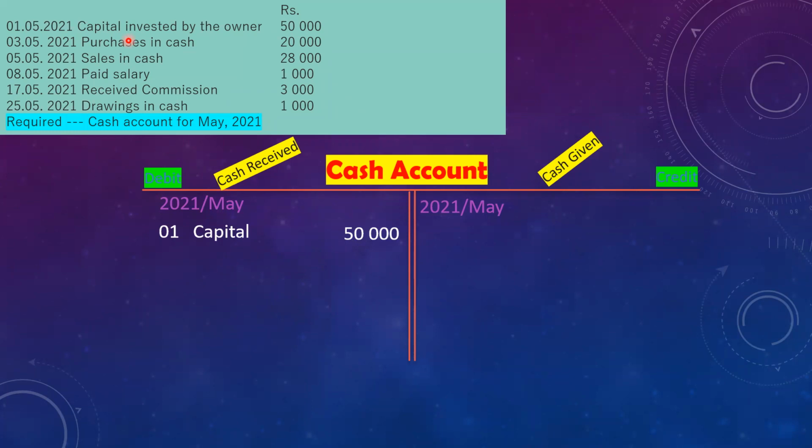Send your message quickly. Pay. Very good. We pay money. We purchase, we pay money. Pay money means cash given. So it comes in cash account, credit side, 20,000.